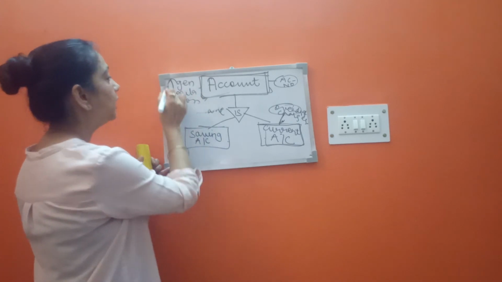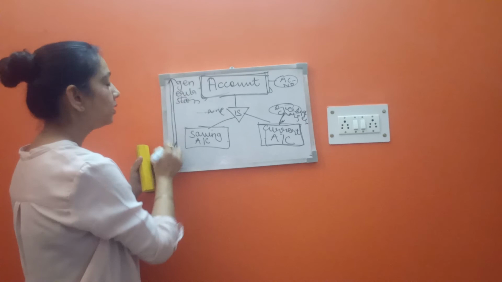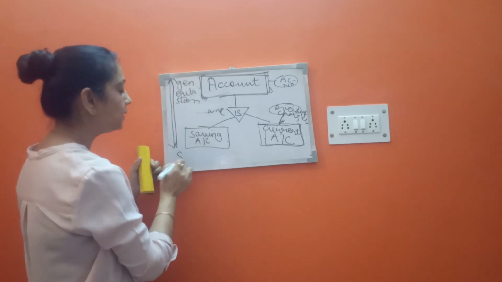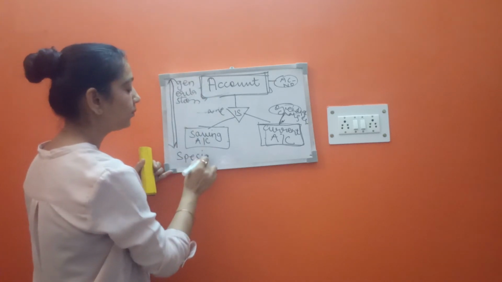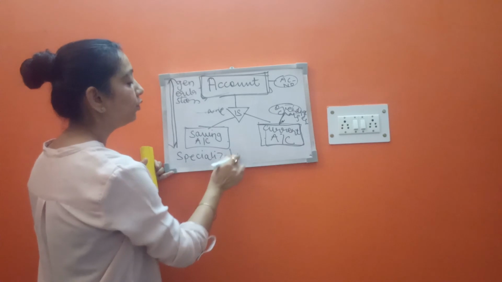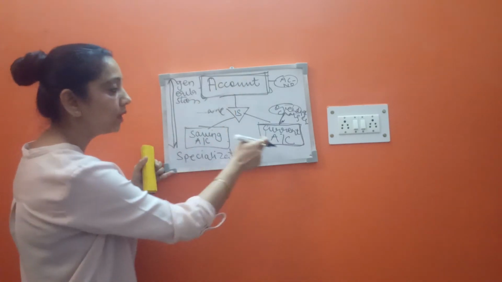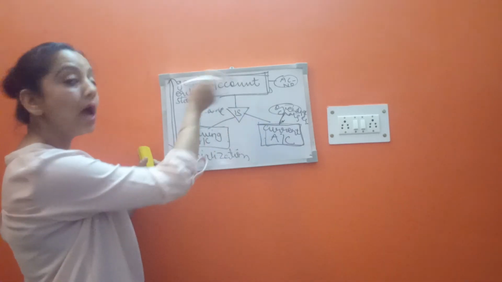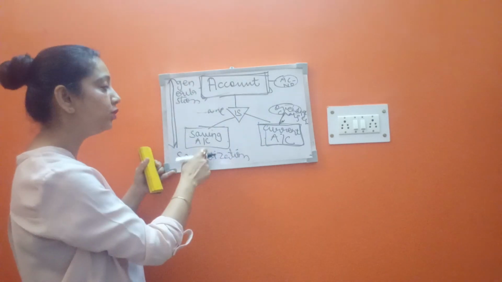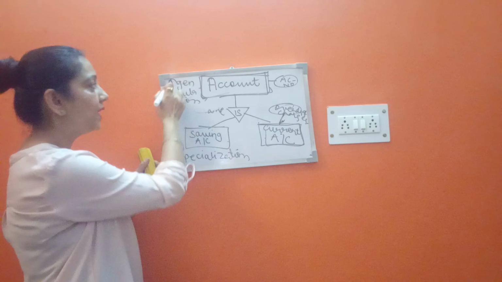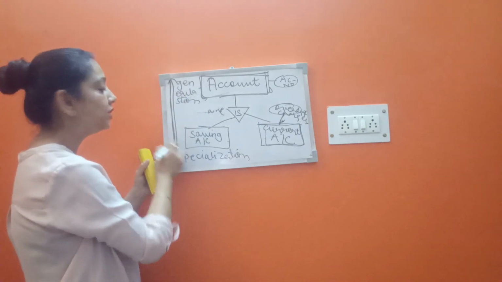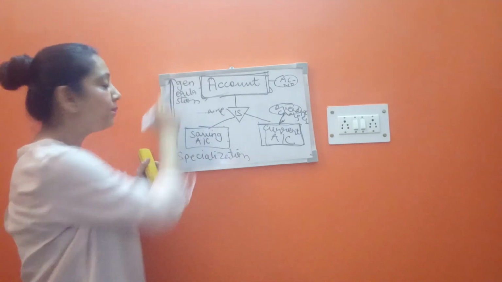And if I take a top down approach, if I look from top to bottom, that is specialization. If I look from top to bottom, that is from account, if I start seeing and go down to saving account and current account, what I see is that account is being further specialized into saving account and current account. That is why I said that specialization is a top down approach.